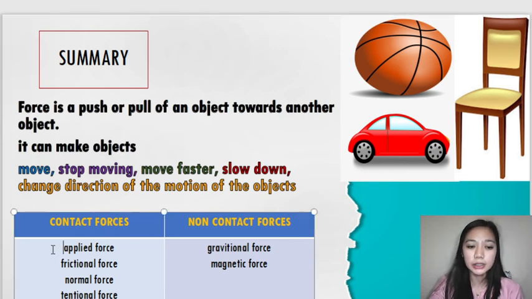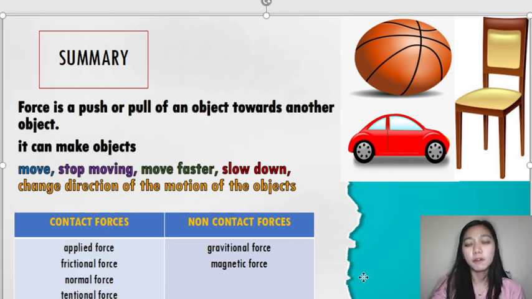Under the contact forces, we have the following: applied force, frictional force, normal force, tensional force. While on the non-contact force, we have gravitational force and magnetic force. Just remember that force is a vector quantity. That's why it is important that you could describe the direction of forces.